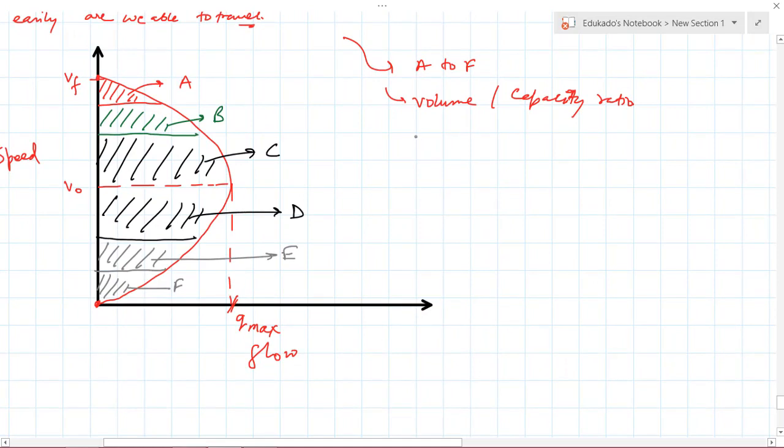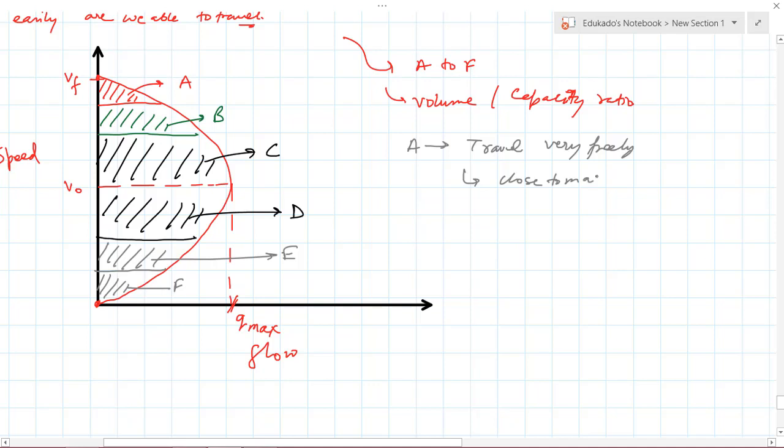Alright, so if I talk about A, in this type of road we travel very freely. Okay, and freely means we are close to our max speed.